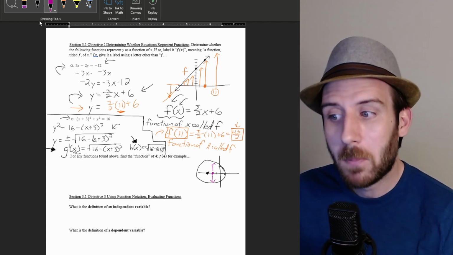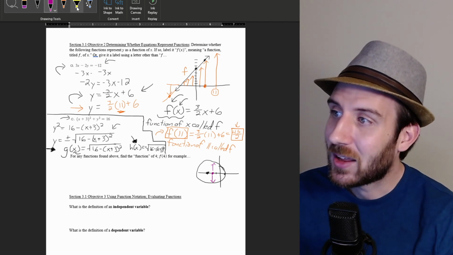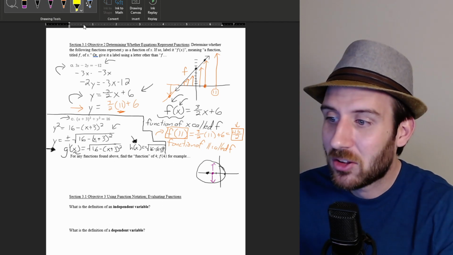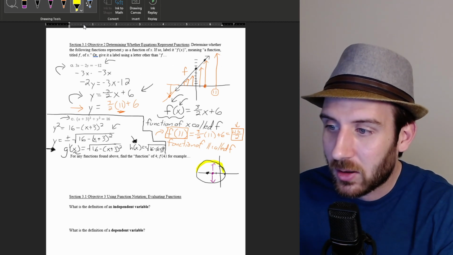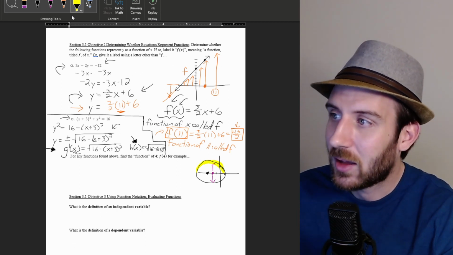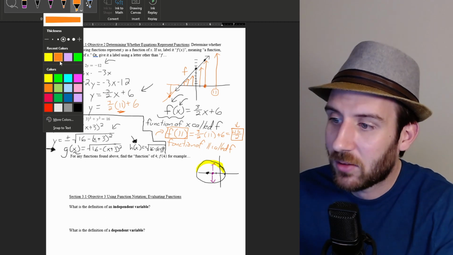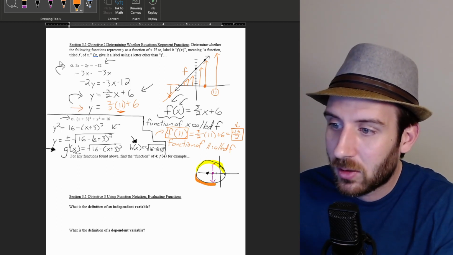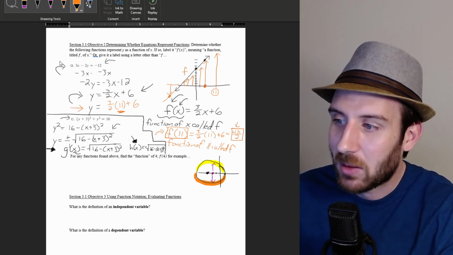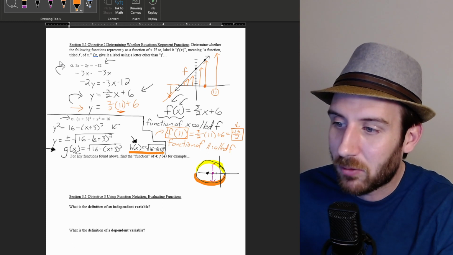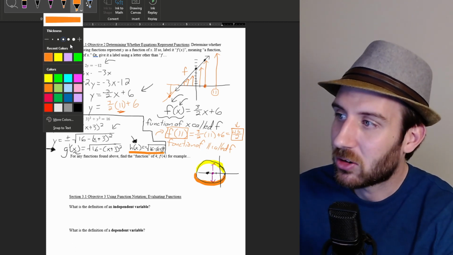But you could look at a circle as being the combination of an upper half circle and a lower half circle. And if you wanted to just think about one of the half circles, or the other half circle, then that absolutely could be a function independently. Each of these could be functions.